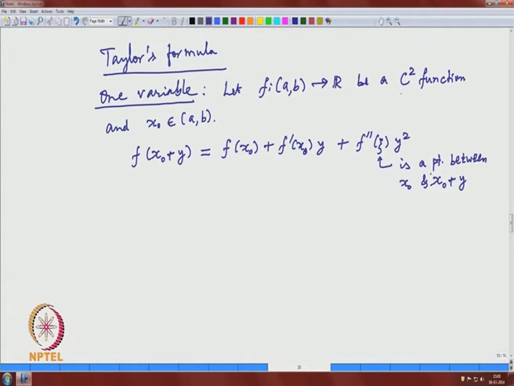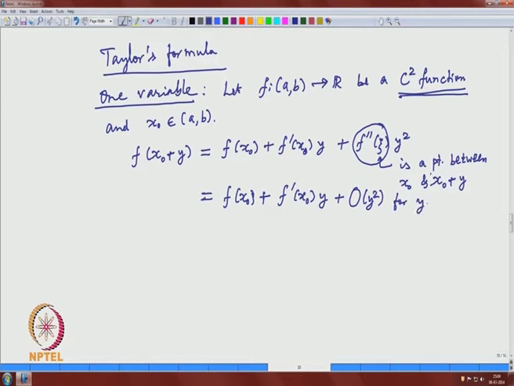Because we are assuming it is a C2 function, when y is small this quantity is bounded, and usually we write that as f(x0) plus f prime(x0) y plus O(y squared) for y small.